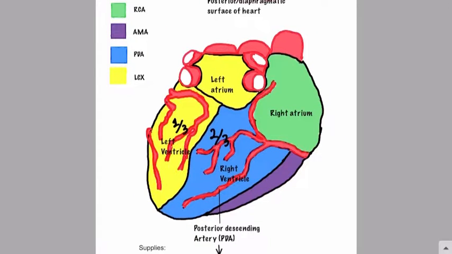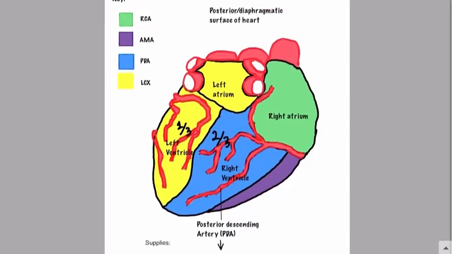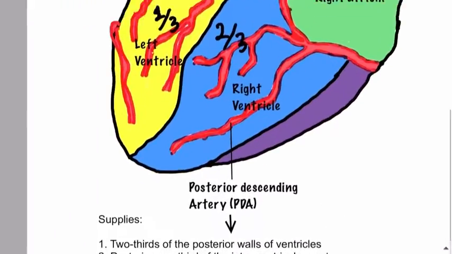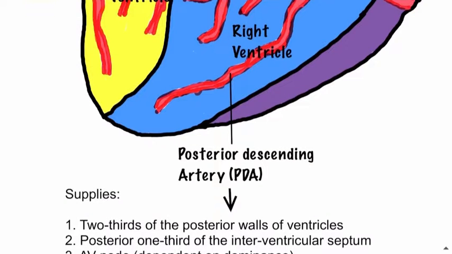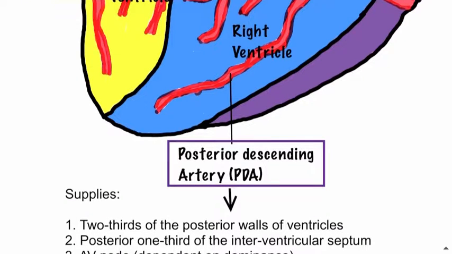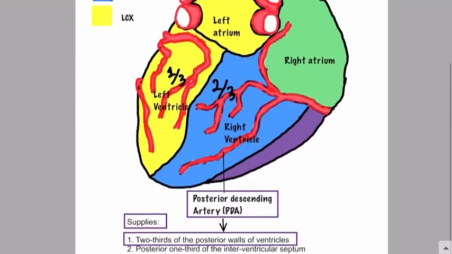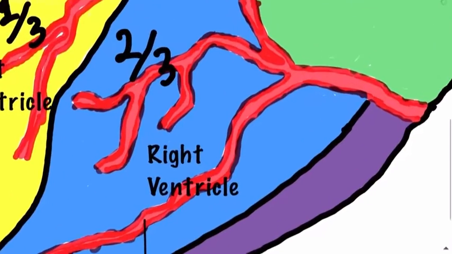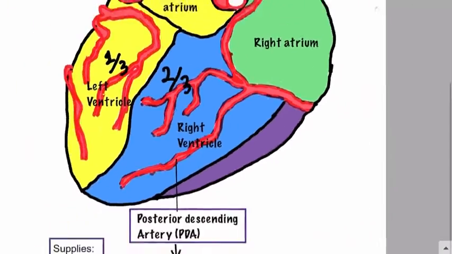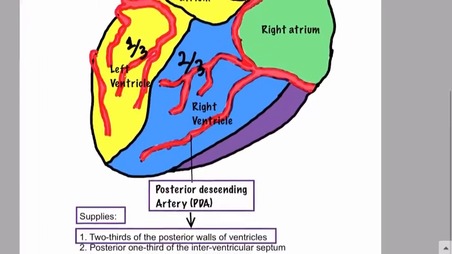So guys, we can see that the PDA runs posteriorly and supplies the posterior area of the heart. Let's see the territories of the PDA, or the posterior descending artery. It supplies 2/3 of the posterior wall of the ventricles, as we just discussed.